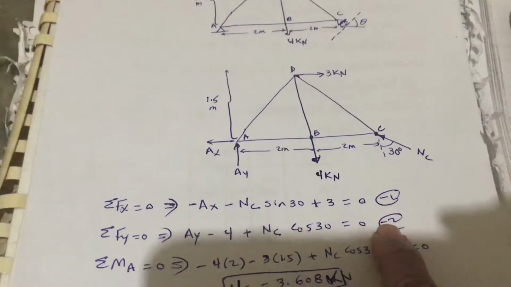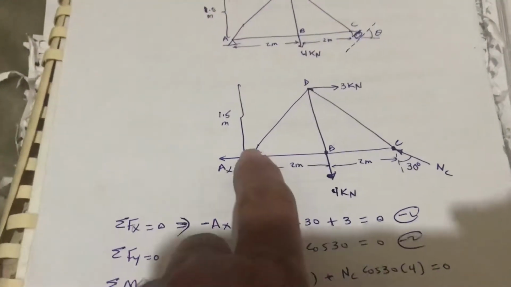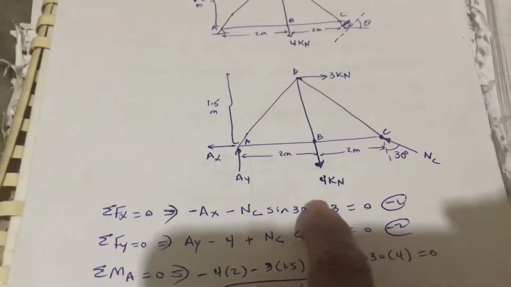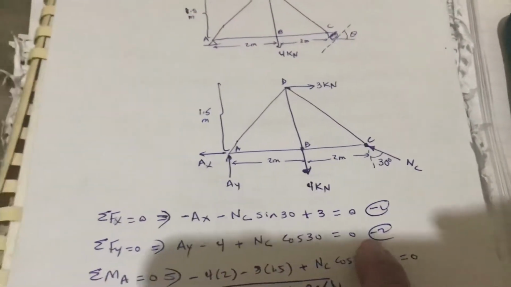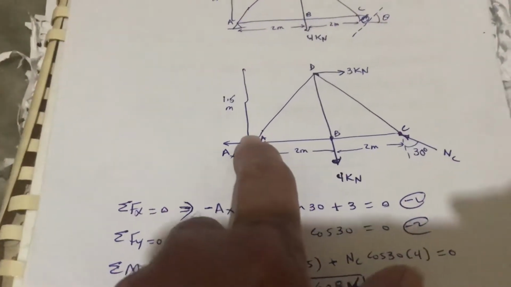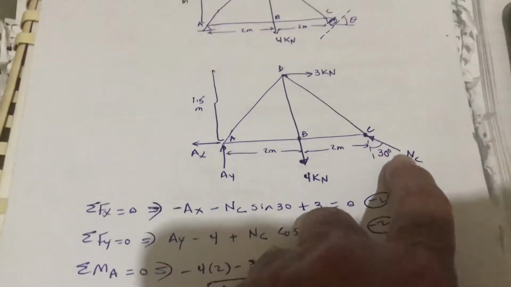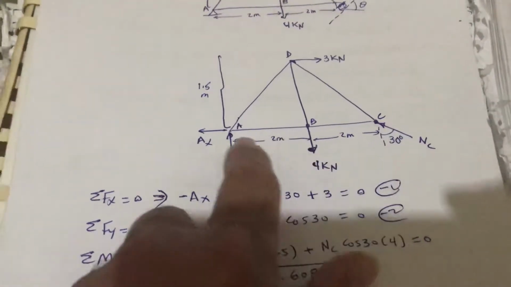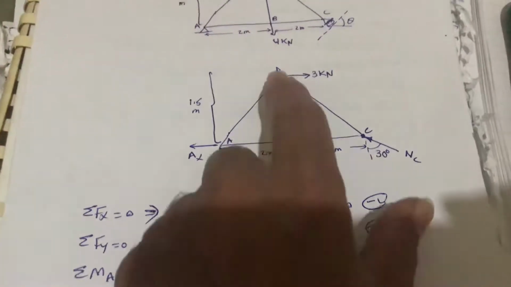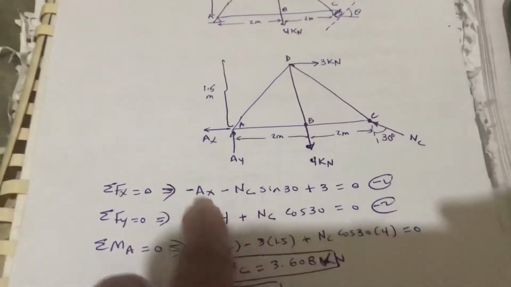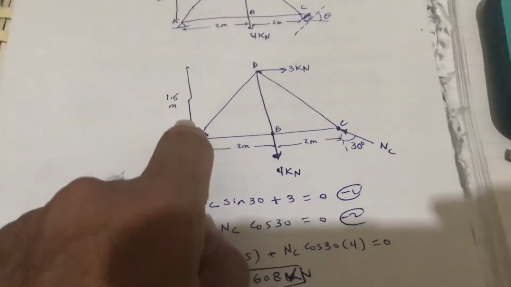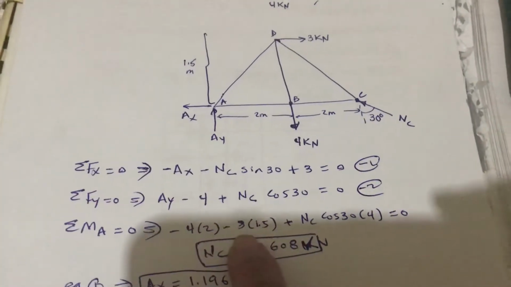Okay? So now we take moment at point A, because there are two unknowns and one equation in each of these. So we have to do summation of moment at A, and from this you could find NC cosine 30 times, of course, 4 meters. And 3, we're going to take it as a negative. And 3, what's this distance? 1.5 meter, minus 3 times 1.5.